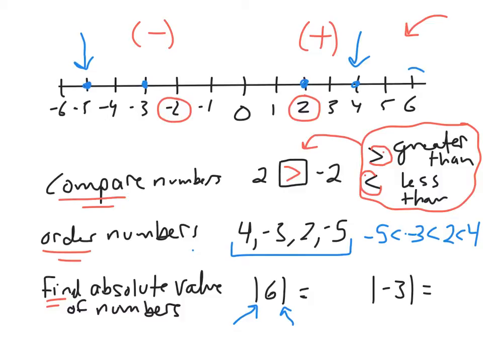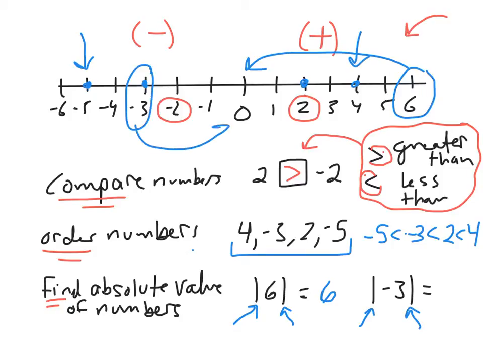Well, 6 is 6 units away from 0. So the absolute value of 6 is 6. So this says, find the absolute value of -3. So how far away from 0 is -3? Well, -3 is 3 units away from 0. So the absolute value of -3 is 3.